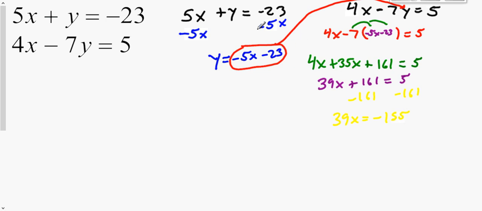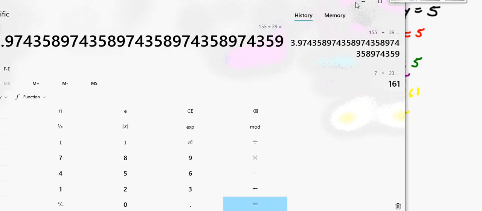Fairly certain that 39 is going to go in there 5 times, so I'm going to grab the calculator again. So 155 divided by 39. Nope. Might have made a mistake.